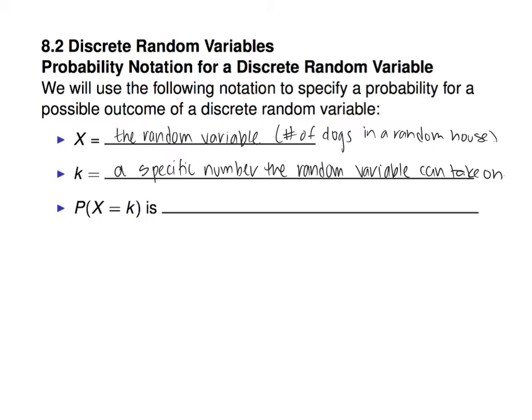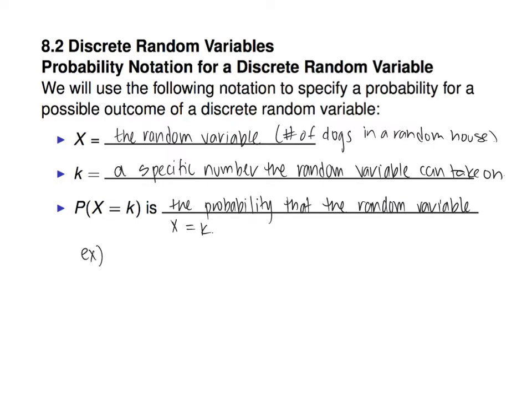And the probability that x equals k, this is read P, probability x is equal to k. This is the probability that the random variable x equals k.